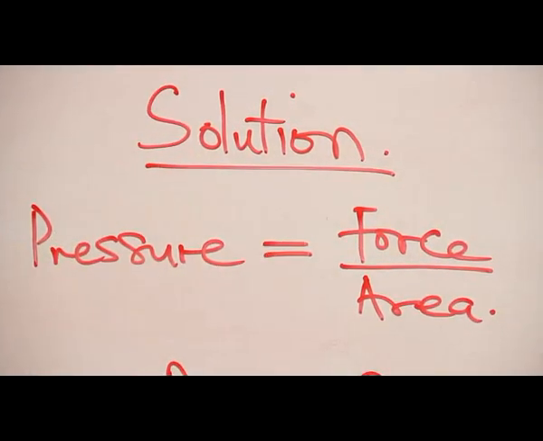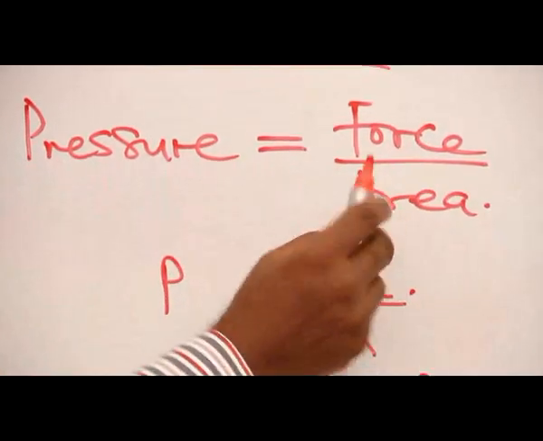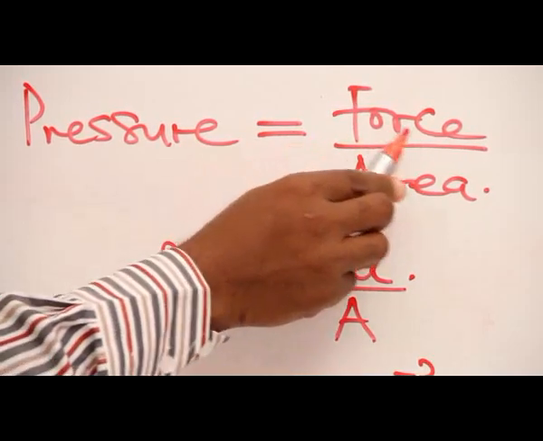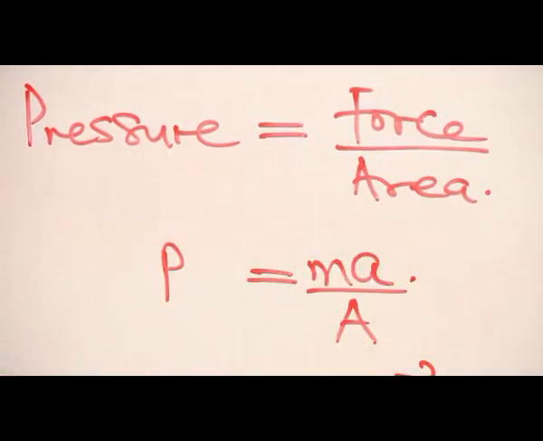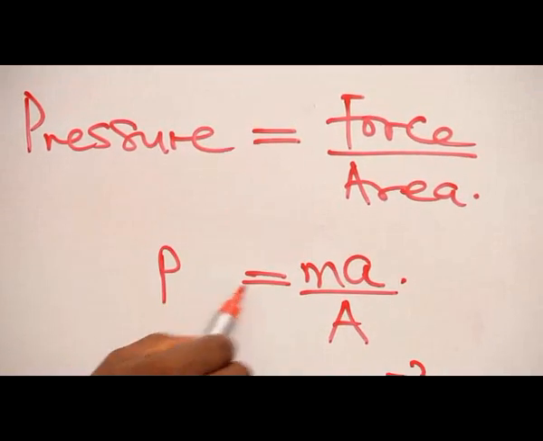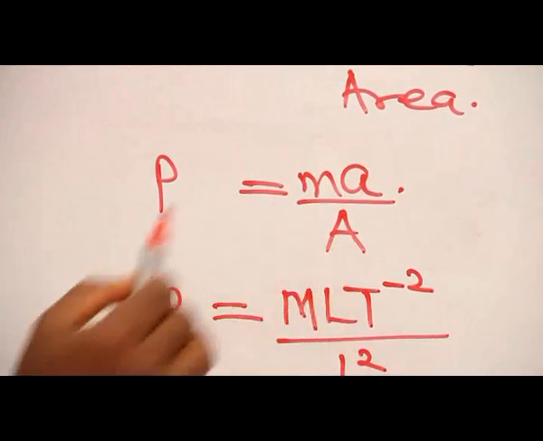Solution. Pressure is force acting normally per unit area of a surface. That is, pressure equals force divided by area. Pressure is represented by P equal to mass times acceleration over area.